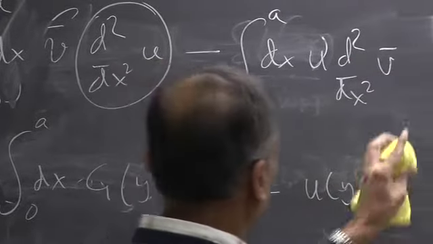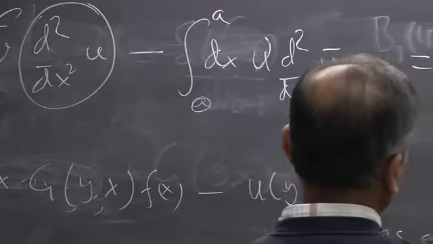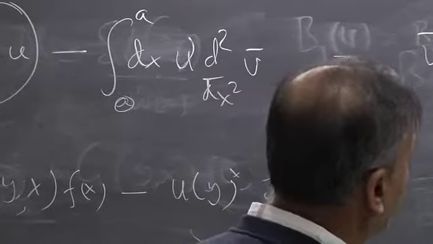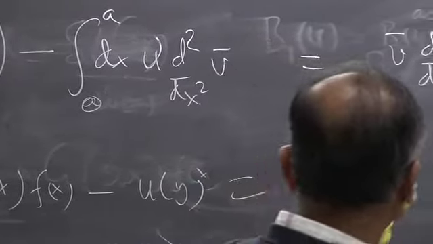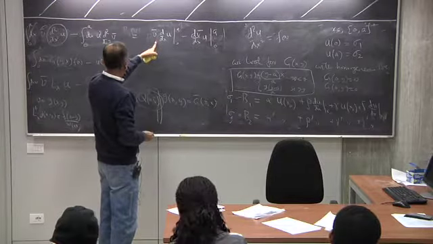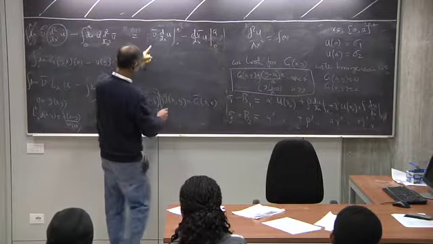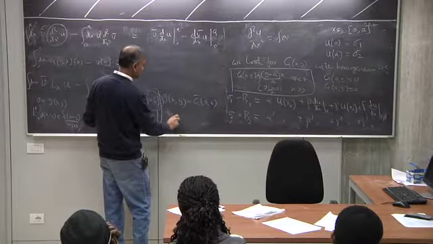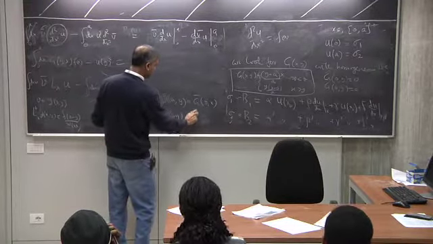So that's that, and that's equal to this quantity. So let's see what that is. What is v bar? This is g bar of x,y, which is equal to g y,x.